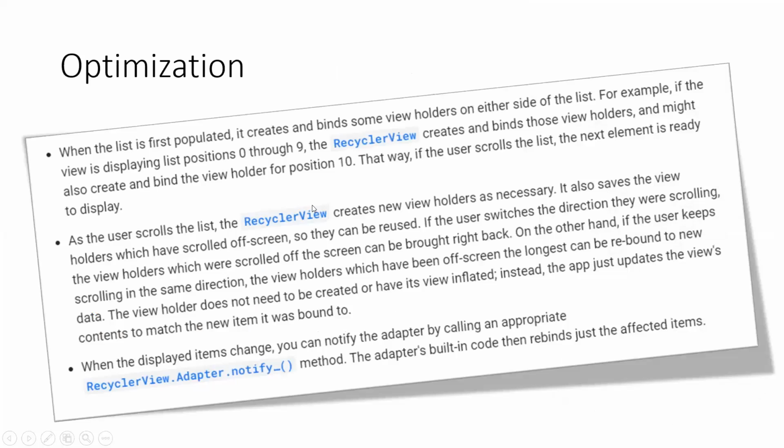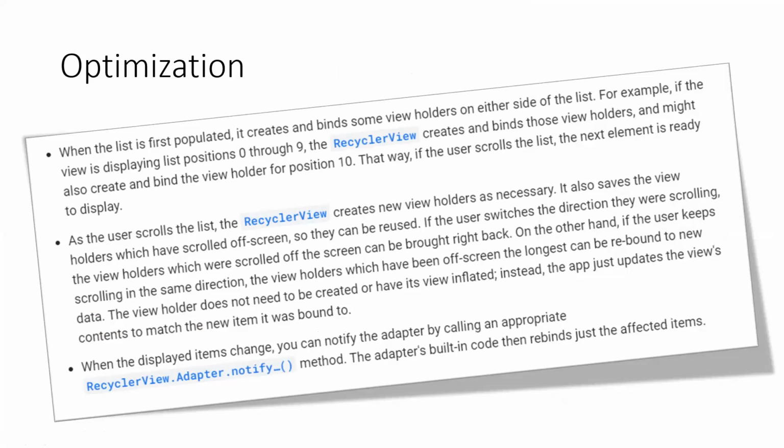Now these are some of the optimizations that I also talked about informally when I was discussing this recycler view. So there are 3 points of optimization. The first point I mentioned: when the list is first populated, it creates and binds some view holders on either side of the list.